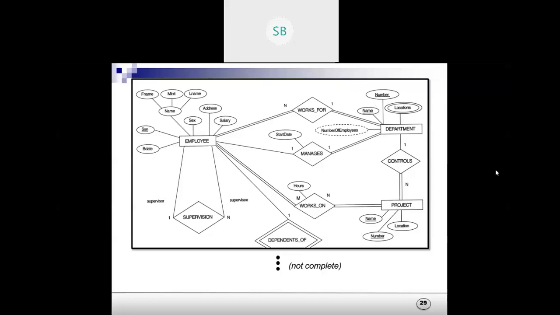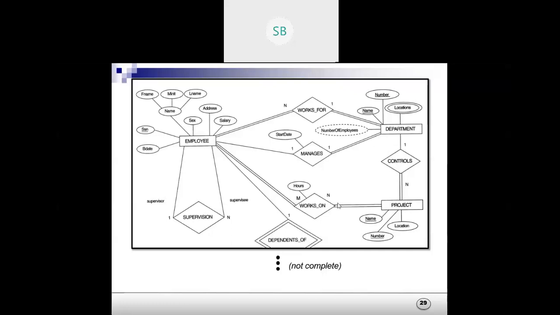Last we have m:n. Ankita has left. Last we have the cardinality type m:n.